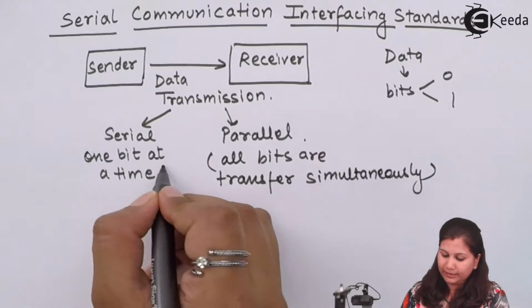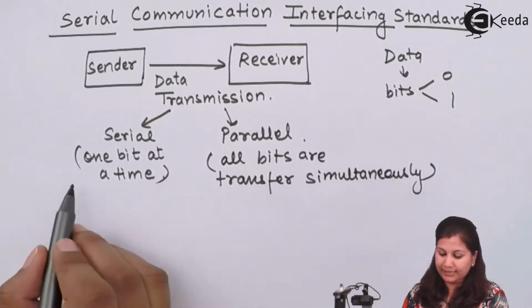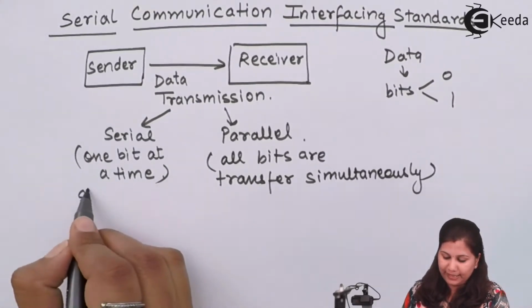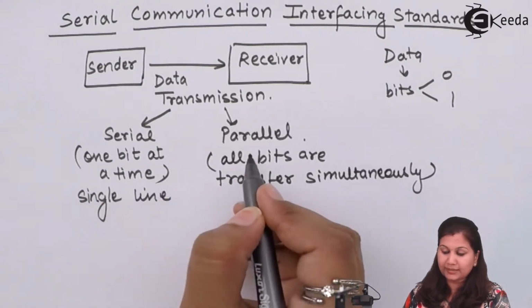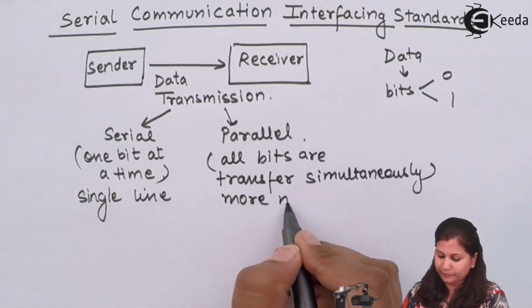So in serial, only a single line is required for transmitting the data, whereas in parallel, more cables are required.